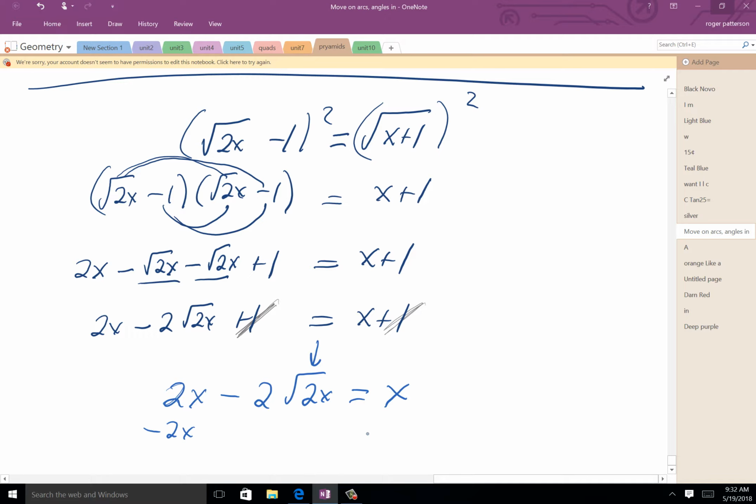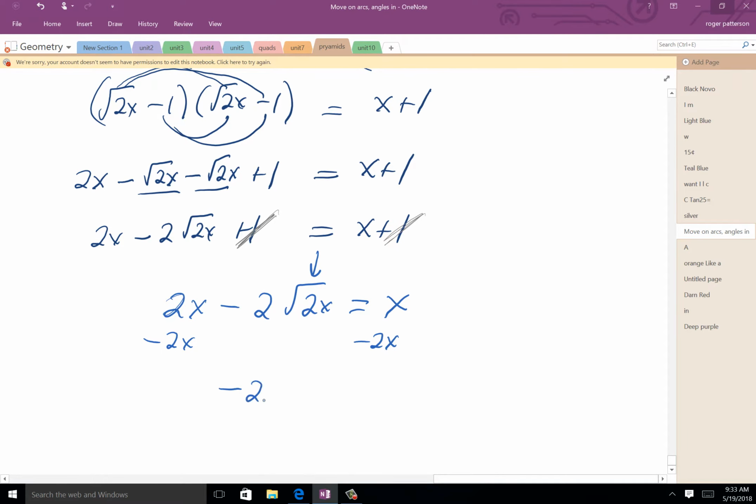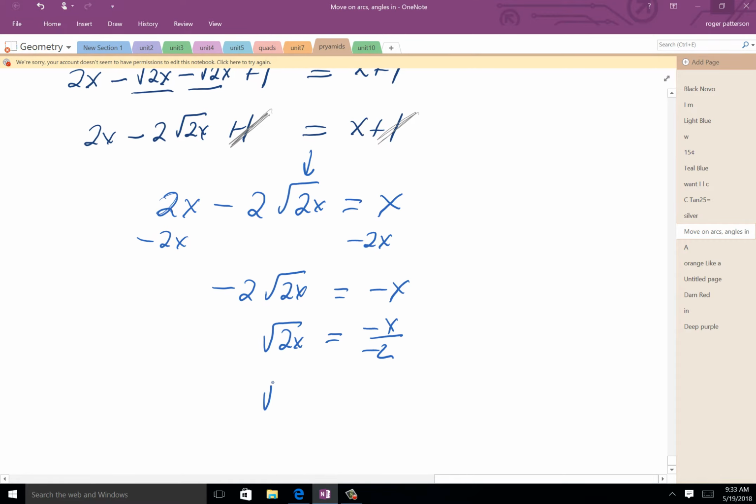So I'm stepping through this a little slower. Okay, so after all that work, here's where I am.